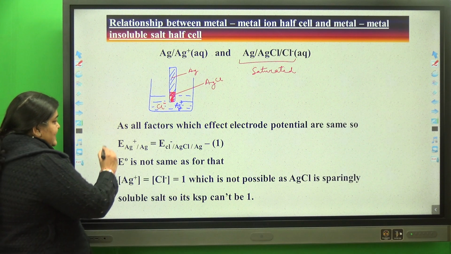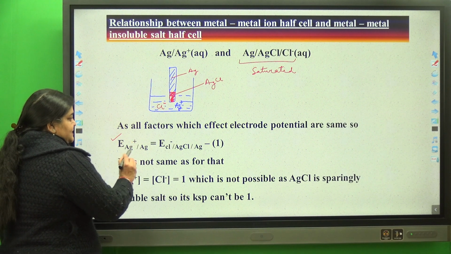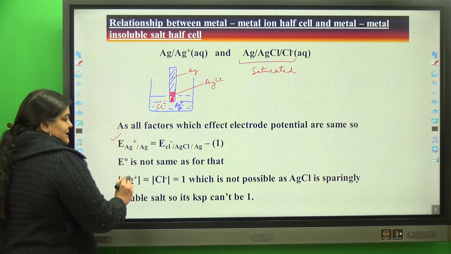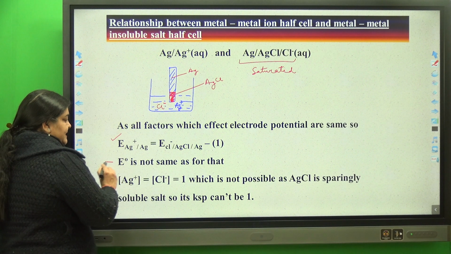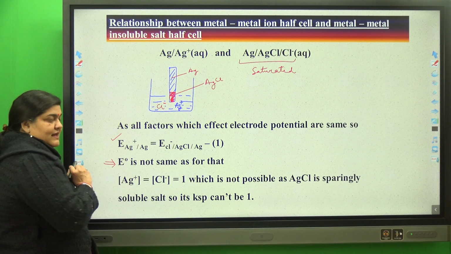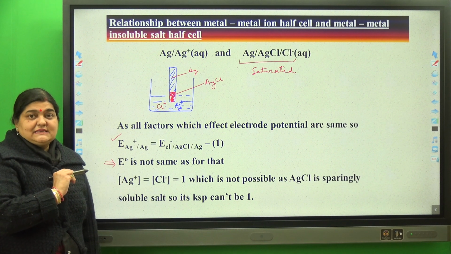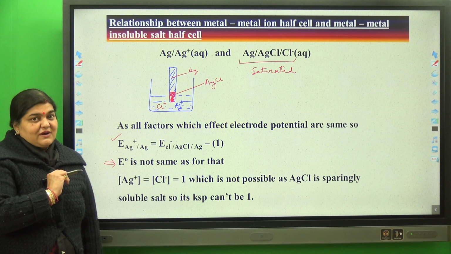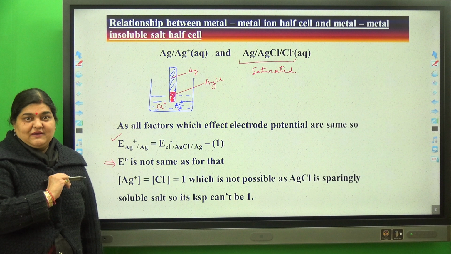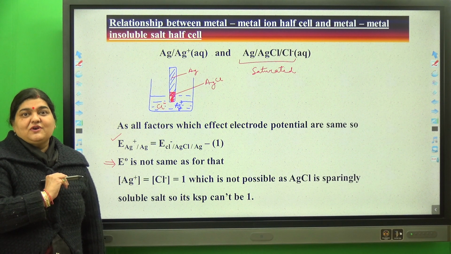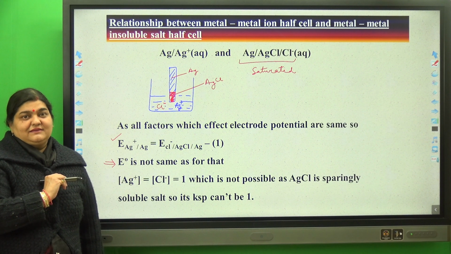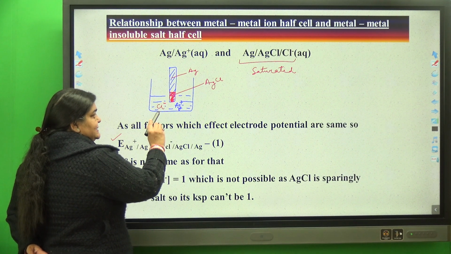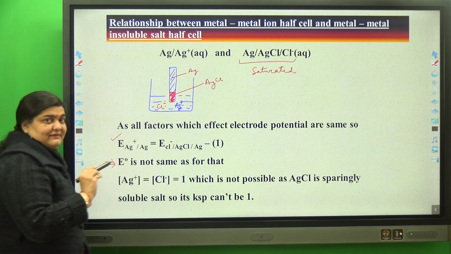We can make electrode potential of these two half cells equal, but we cannot make their standard electrode potentials equal. Why can't we make standard electrode potential equal? Because for standard electrode potential to be equal, concentration of the ions should be 1. Means concentration of Ag positive and Cl negative has to be 1.